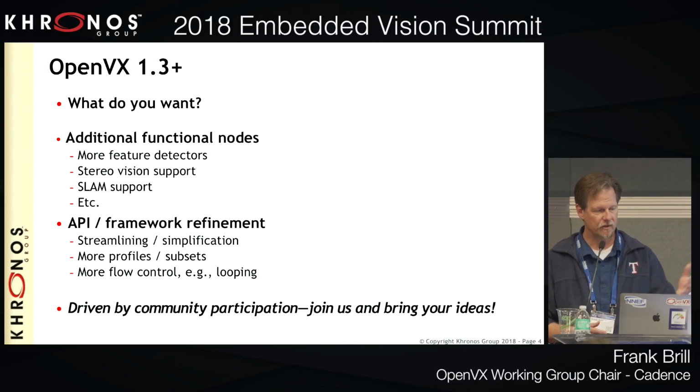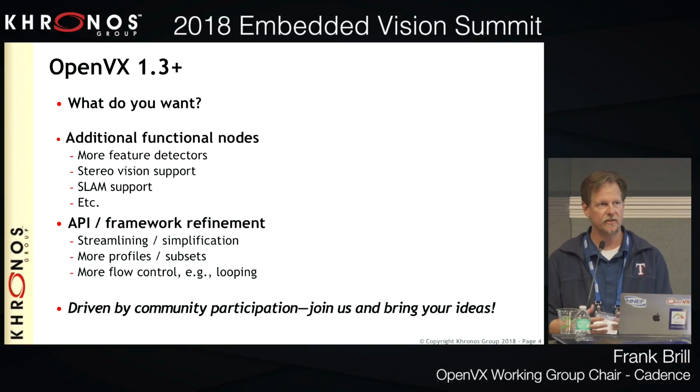Some of the things that have been discussed are more feature detectors. We have a set of feature detectors in there, but there are many, so could we add some more? And would we add them, say, to the main spec, where in order to get the logo and say you're conformant, you have to implement everything in the main spec.